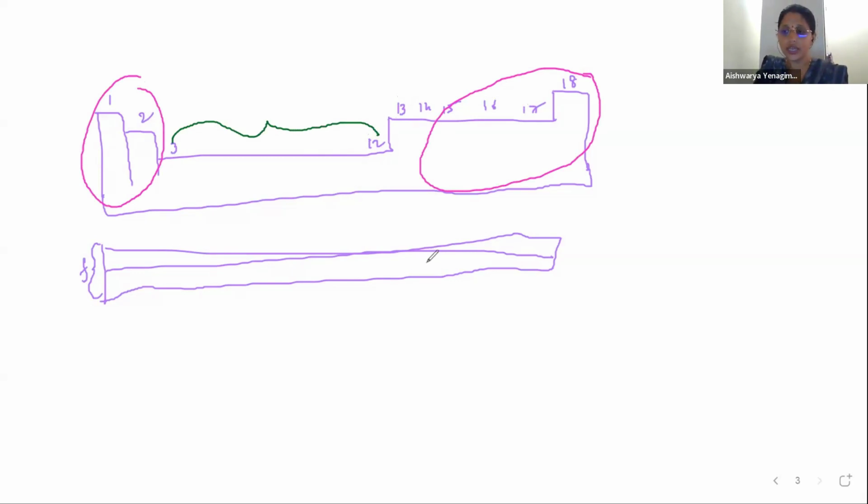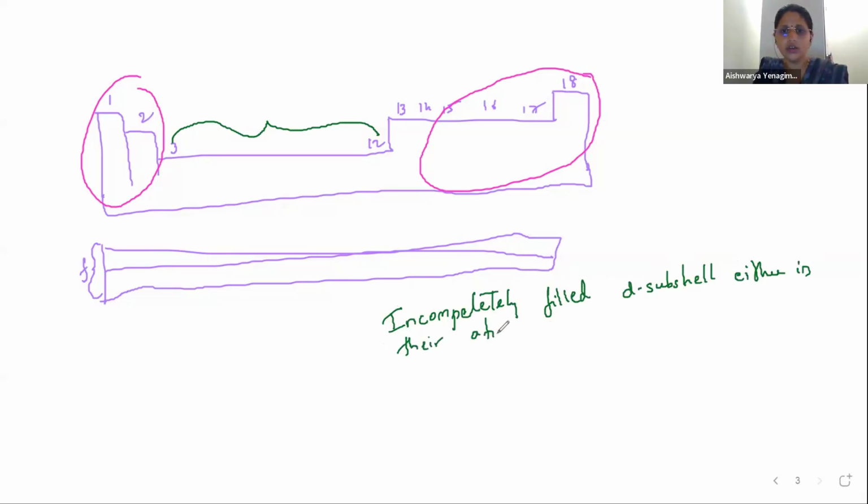So what is this transition actually? The transition elements are those which possess incompletely filled D subshell, either in their atomic state, that is the neutral atomic state, or in their most common oxidation state.